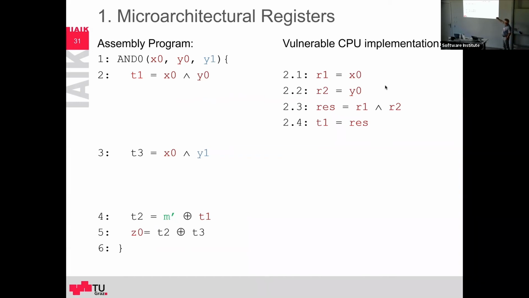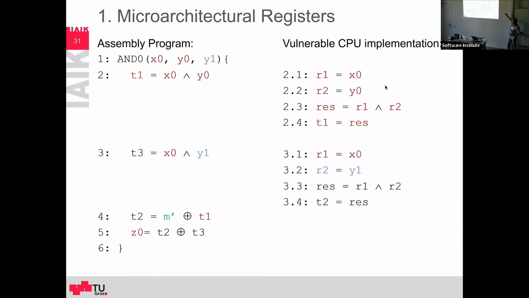Then I do the same thing for my second computation here, and this is where things go wrong. Exactly the same code here with different operands. And now what you see is that R2 switches from Y0 to Y1. And this you're not allowed to do.